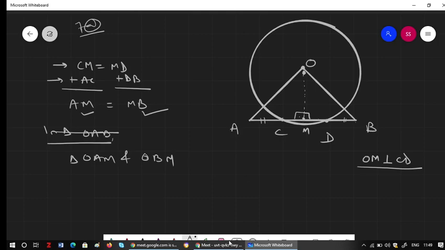AM equals MB from these statements. Second, angle M equals angle M, both are 90 by construction. Third, OM equals OM, common side. So these two triangles are congruent by side angle side axiom, and these two angles are corresponding angles of congruent triangles, that's why OAB is an isosceles triangle.